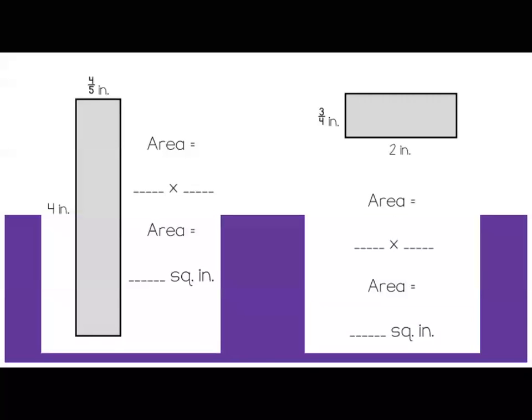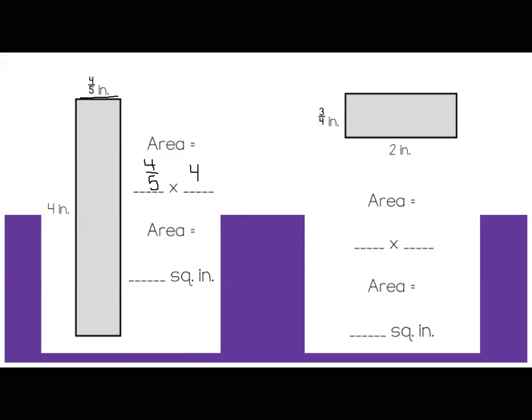Starting with our rectangle on the left-hand side, we see that it has a length of 4/5 of an inch. So I'm going to write 4/5, and it has a width of 4. Just like with our problems that we just solved, we're going to multiply our numerators and multiply our denominators.